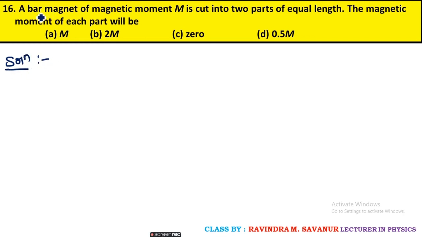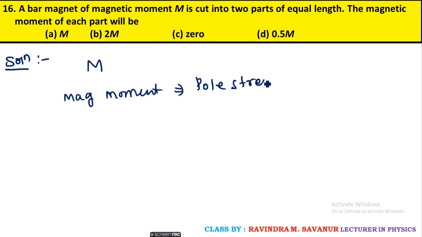A bar magnet of magnetic moment M is cut into two equal parts of equal length, then the magnetic moment of each part will be? We know that the magnetic moment equals pole strength into its length.